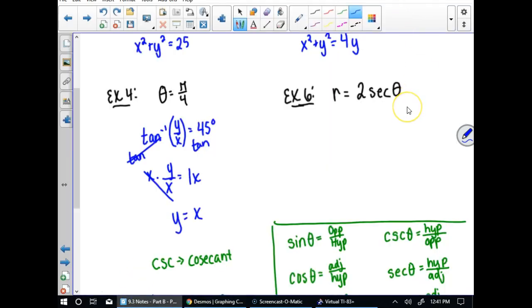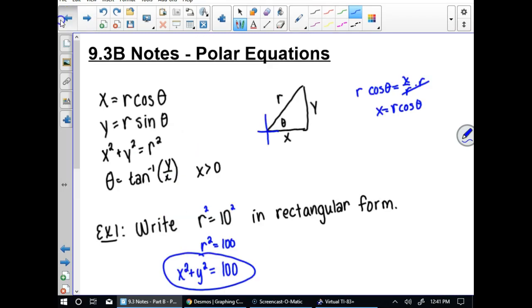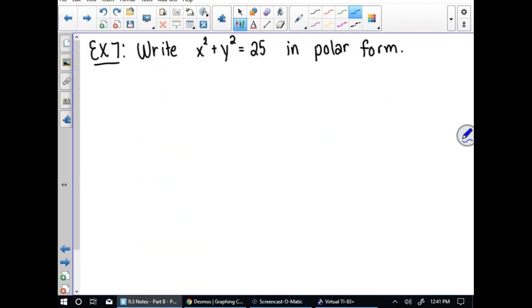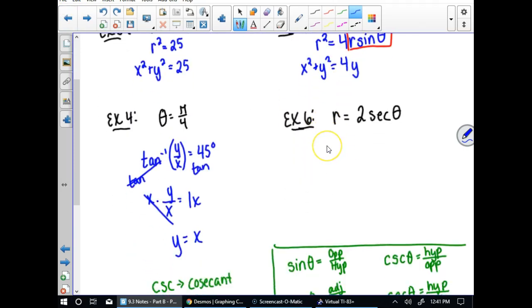So this is what you're going to do for this. Secant, we don't know. Whenever we're talking about our formulas that we know over here, we don't have any secants or cosecants or cotangents. We only have sine and cosine, right? So what we want to do is use our reciprocal identities here.